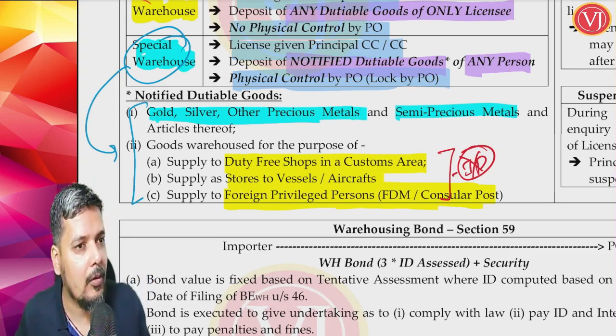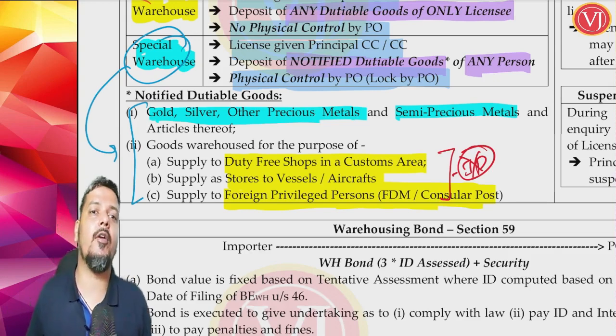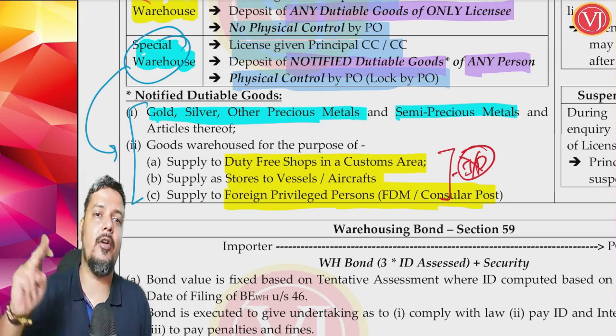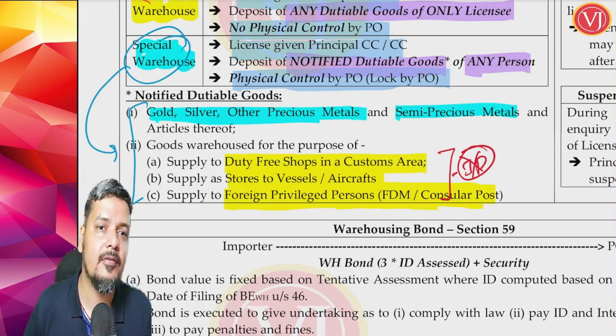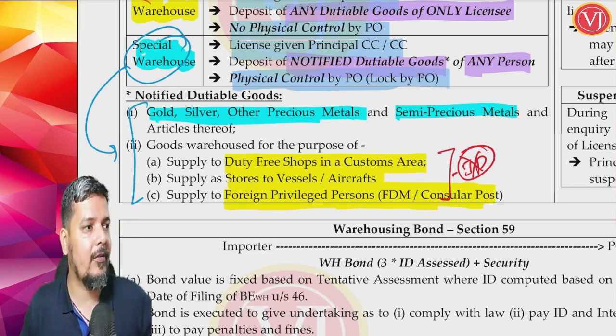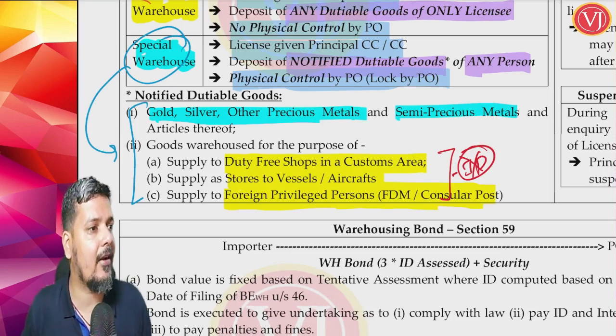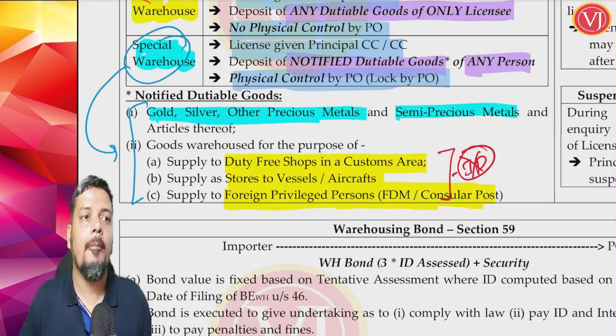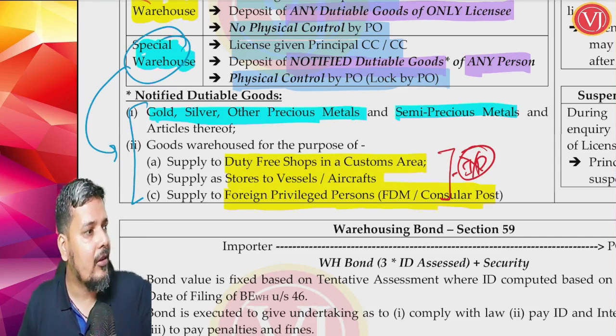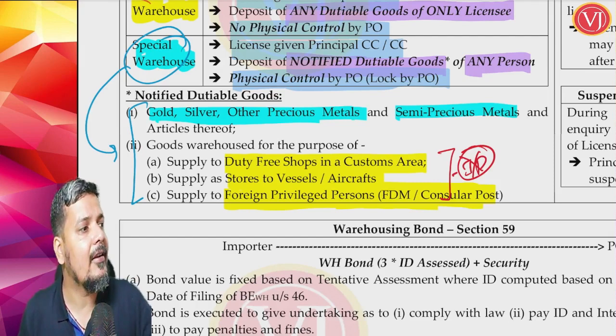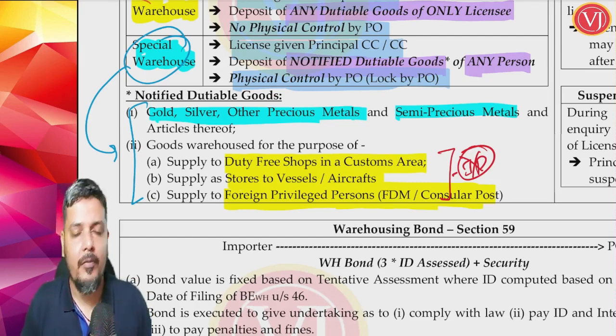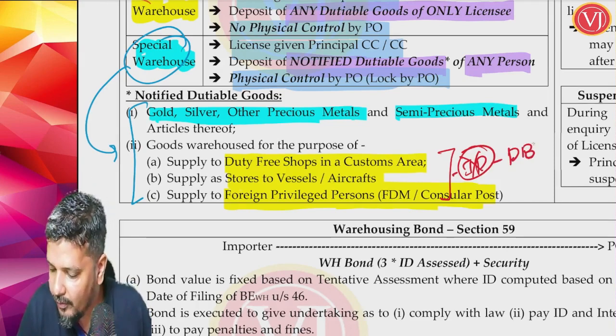No import duty. Stores to be given to foreign going vessel or aircraft: if you pay import duty when you import and then sell it to foreign going vessel or aircraft, you have to go for duty drawback. Correct? The better option is to bring the stores into India, not pay import duty, keep it in a special warehouse, and give it to the foreign going vessel or aircraft.